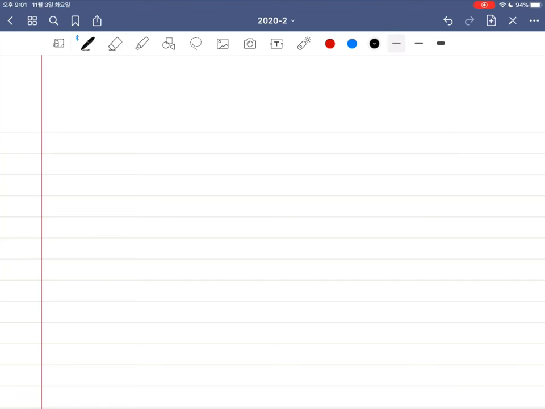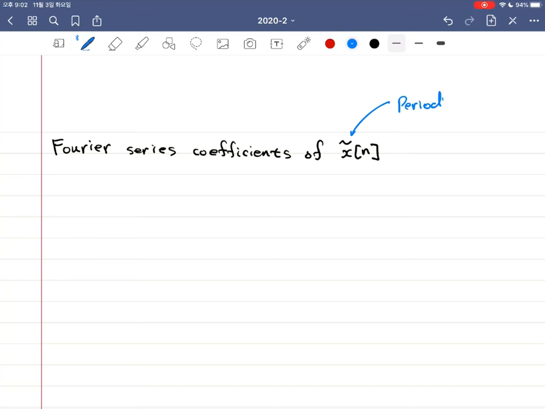So, as we have written the following statement in continuous time, it's the same concept: the Fourier series coefficient, which is represented by a_k of the periodic discrete signal, is the same as 1 over N multiplied by the Fourier transform of x[n].